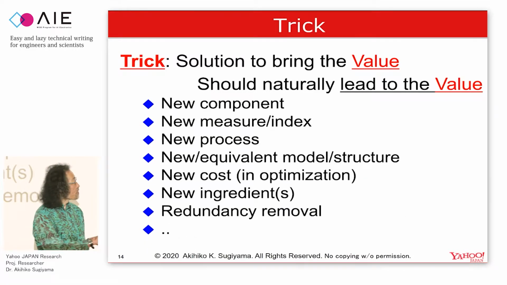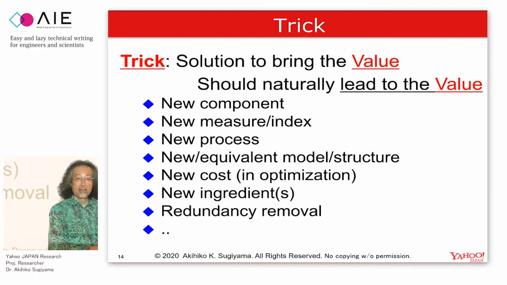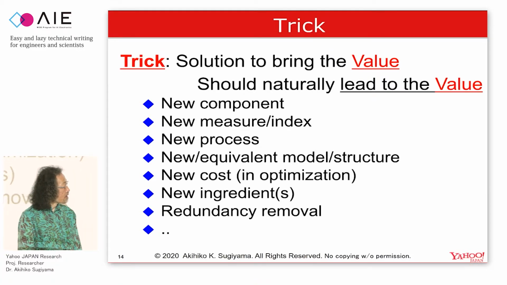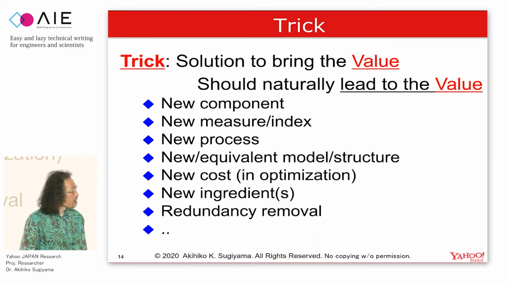And then the trick may include a new component, a new measurement, a new measure for an index, a new process, a new equipment, a new or equivalent model or structure, a new cost.